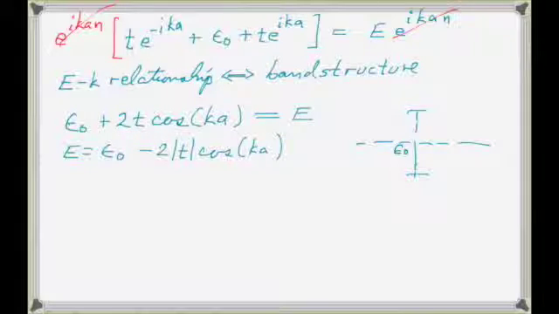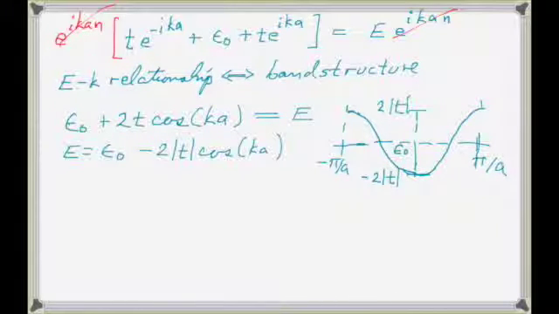Let epsilon 0 be 0, and then it's centered around 0, and it goes from minus 2t to plus 2t. It's a periodic function because the cosine is periodic, so it goes from k maximum pi over a to minus pi over a, and you just get this cosine band going from minus 2t to plus 2t.